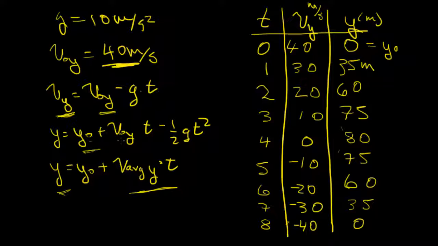At 4 seconds, its initial velocity is 40 times 4 is 160, minus 1/2 times 10 times 4 seconds squared. 160 divided by 2 is 80, and so 160 here minus 80 gives me 80. If you plug into any of these equations with the correct times and initial velocity, you will get this position row, just like we calculated with the third equation.